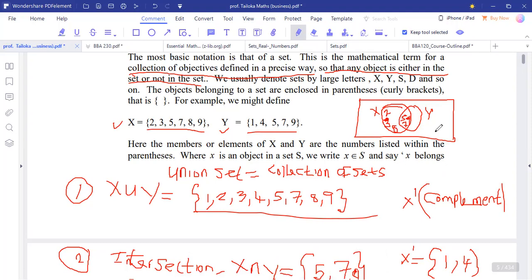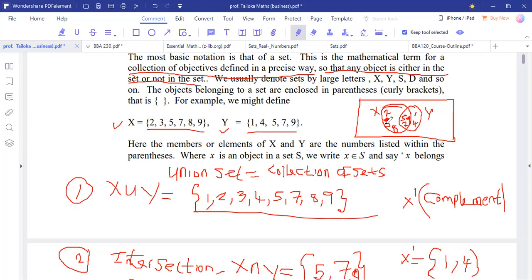Then for y, what is remaining there is 1 and a 4. So 1 and a 4 are the ones that are remaining. So this is on the Venn diagram.